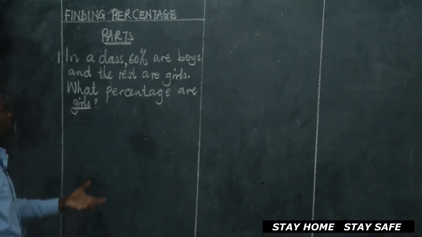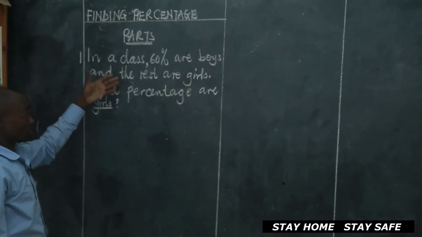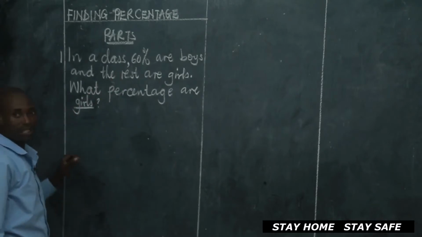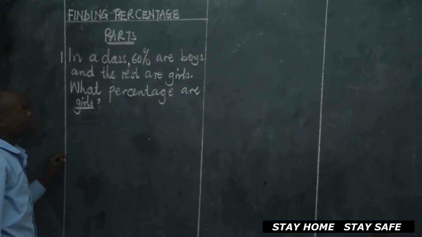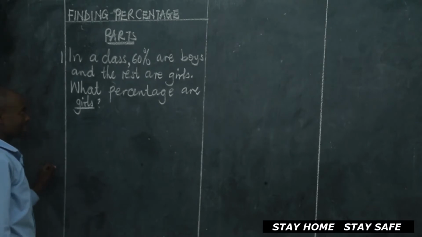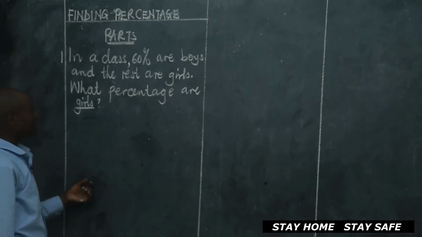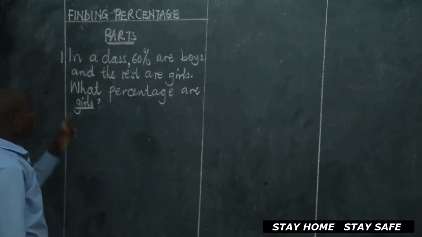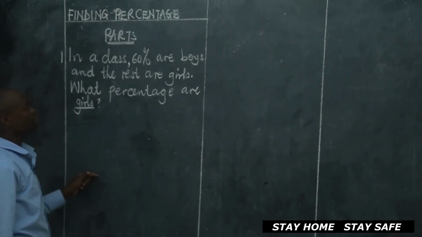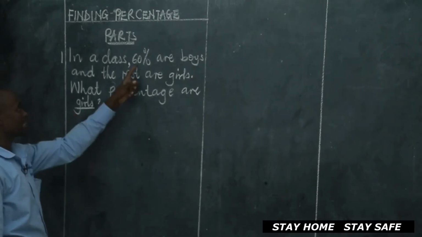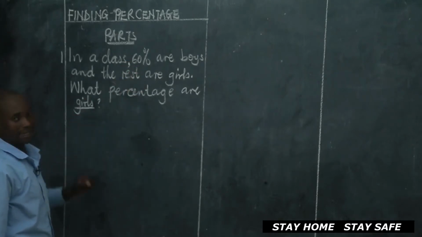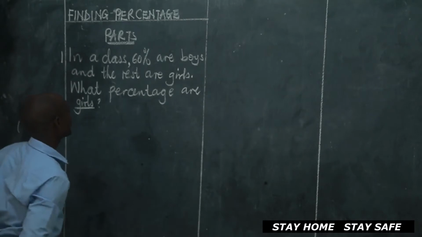At the beginning of my lesson, when I was introducing percentages, I told you that percentage means out of 100. So, in my class, both boys and girls contribute a total percentage of 100. So, if both boys and girls contribute a total of 100%, and out of 100, the boys are taking only 60%, then the remaining percentage belongs to girls.